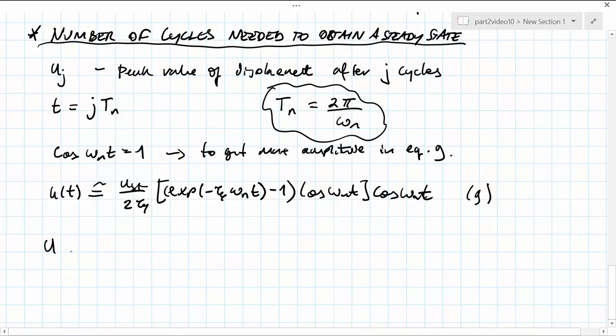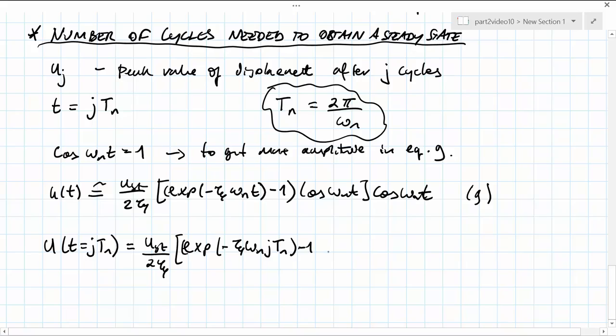So u, where t is now equal to j tn, is equal to u static over 2 zeta times the exponential function minus zeta omega n, but instead of t we have j tn, minus 1, and this is all times 1 because the cosine is now equal to 1.